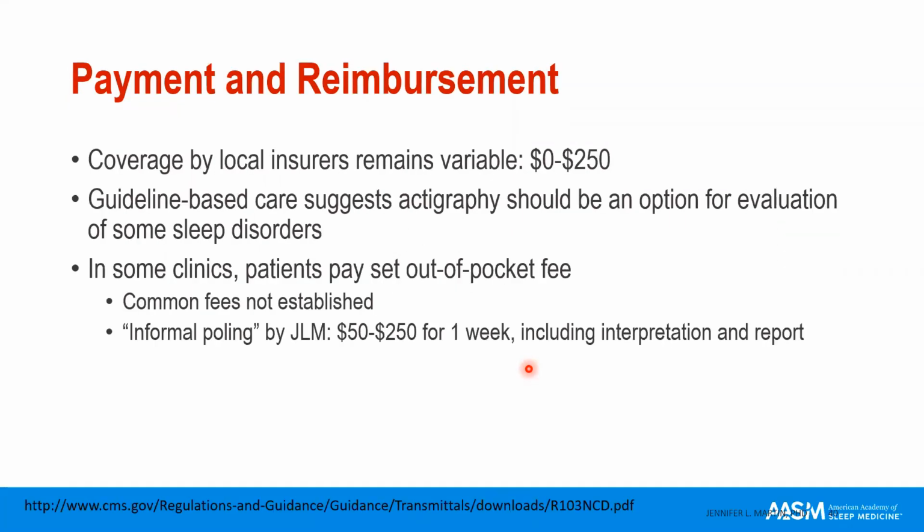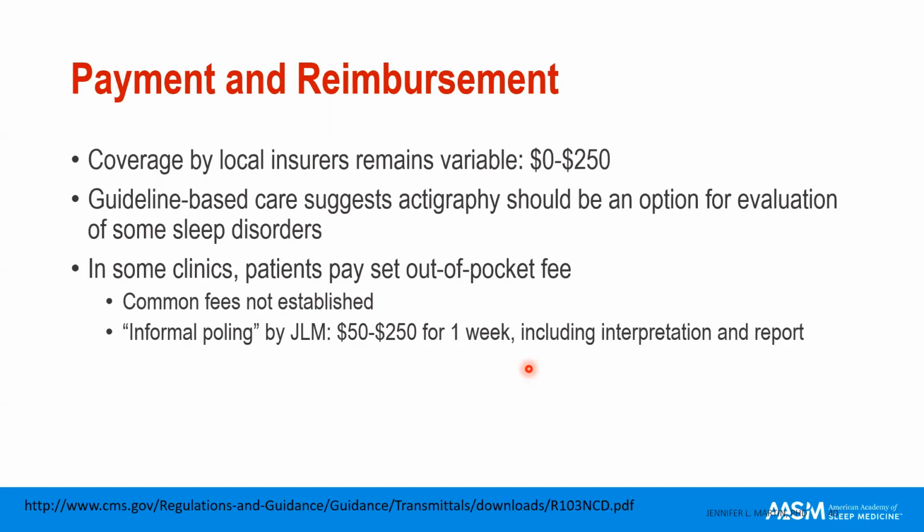Local coverage is really variable. This is all informal polling data that I've done with my friends, but coverage ranges anywhere from $0 to $250 for the code. In some clinics, patients pay a set out-of-pocket fee. It's not commonly established what that should be.